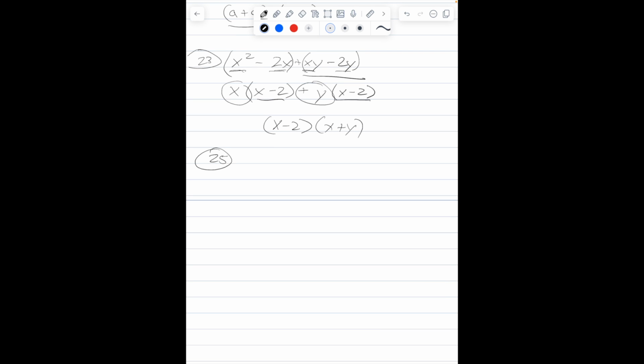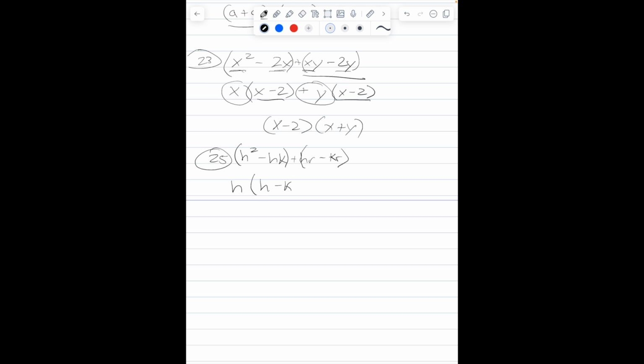Okay, 25. We start with h squared minus hk plus hr minus kr. Again, I'd like to group these so that I can take a factor out of each pair. Looks like I can do an h here. H squared divided by h is h.